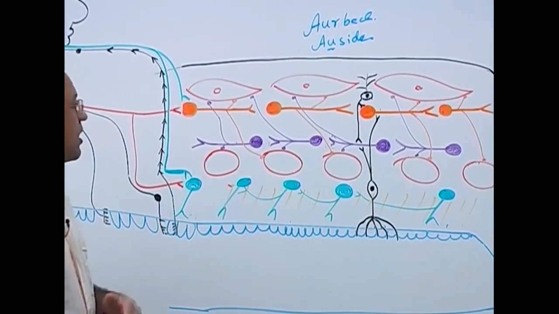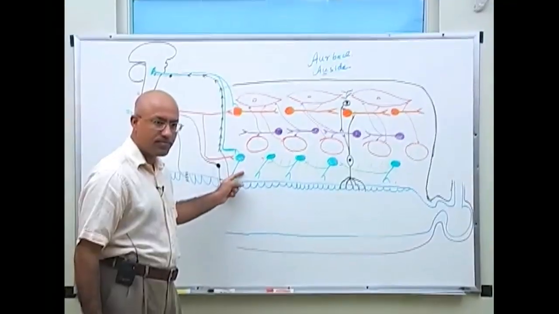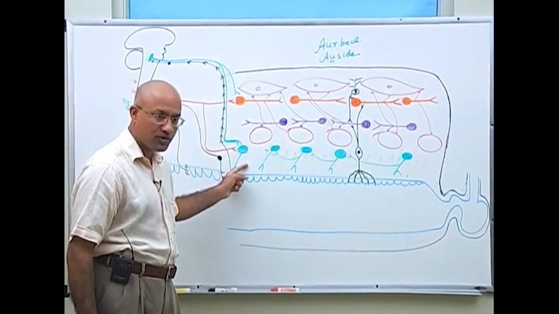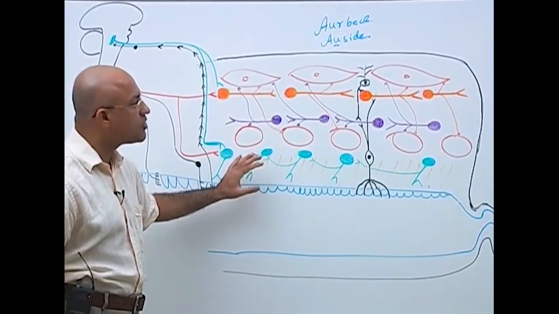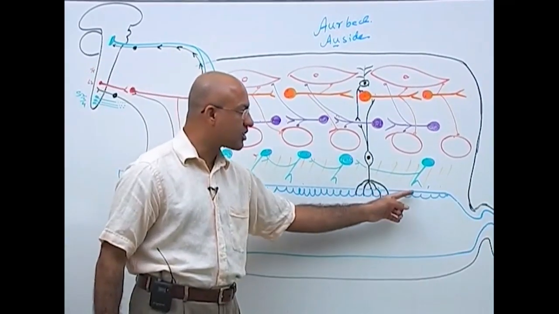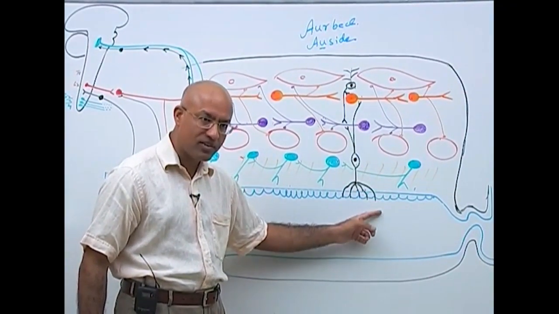Now, what is the major function of the submucosal plexus? Actually, the submucosal plexus is mainly controlling the secretion of mucosal and submucosal glands.